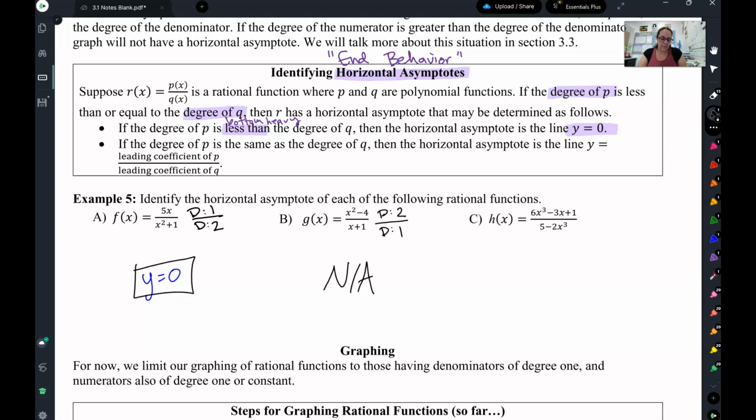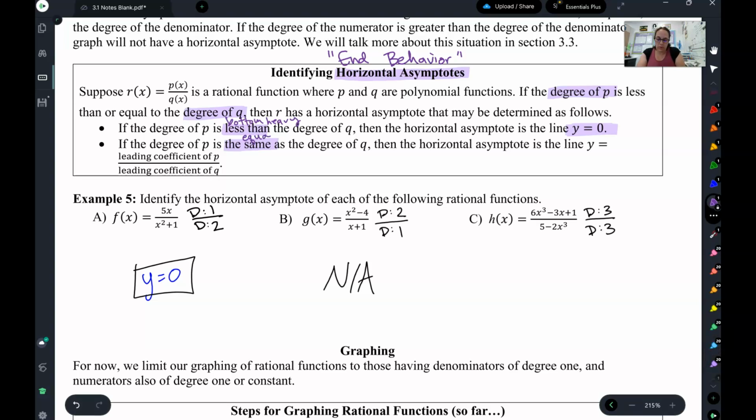Let's look at C. The degree on top is a 3, biggest exponent. The degree on bottom is also a 3, biggest exponent. Now if I compare the degrees here, these degrees are the same. They are equal to each other. So this is a different end behavior rule. If the degrees are the same, if they are equal, then I'm going to do y equals and look at the leading coefficients.